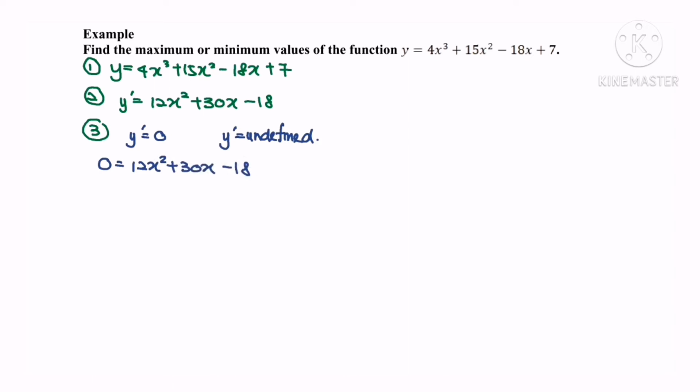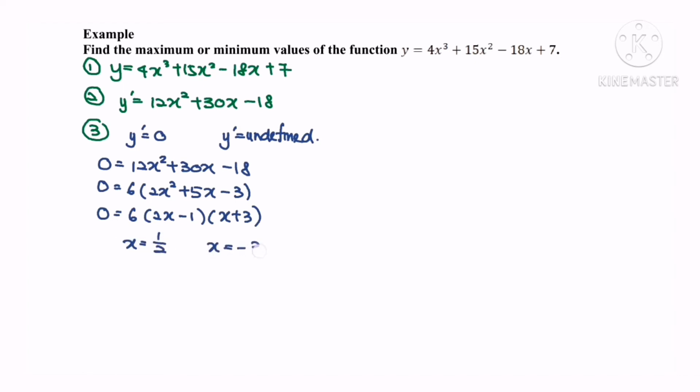To simplify, I'm going to factorize 6, and we will have 6 bracket 2x squared plus 5x minus 3. Kindly factorize, and we will have 0 equals 6 bracket 2x minus 1 multiplied by x plus 3. So finally, the critical numbers will be 1 over 2 and negative 3.